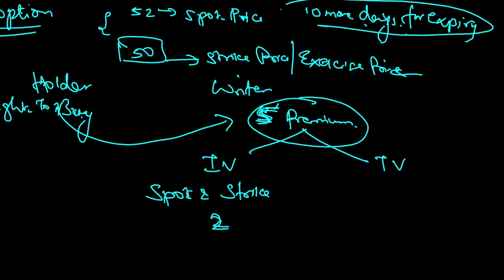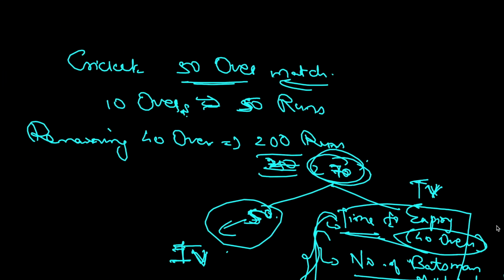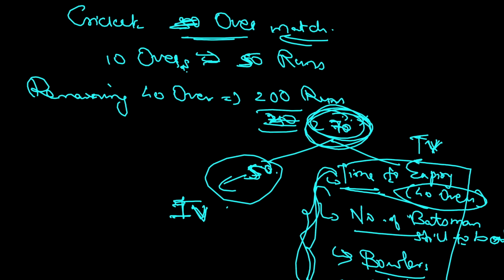In those 10 days, what can happen? The factor will be time to expire. So this time value will consist of time to expire. The more time, the higher the premium, because just like in the cricket example, if instead of 50 overs it would have been a 100 over match, you would have increased the prediction from 250, 270 to 300 plus.